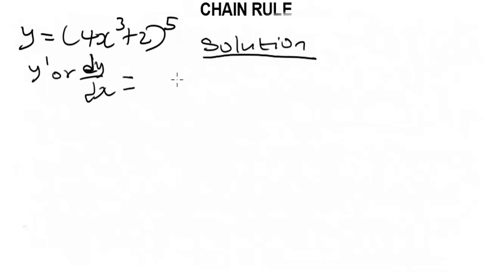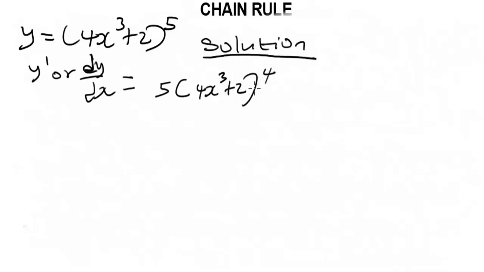As usual, the rule of differentiation, you reduce the power by 1. At the same time, this power comes and multiplies the values in the bracket. So it's going to be 5 in brackets 4x cubed plus 2, bracket close. So 5 minus 1 gives you 4.